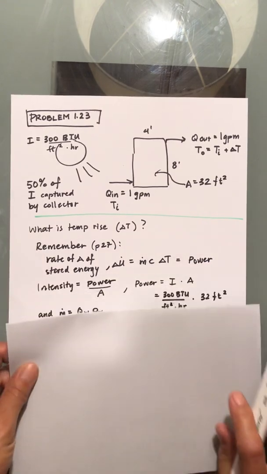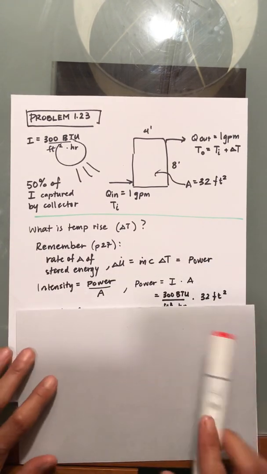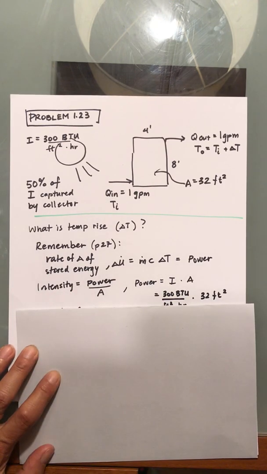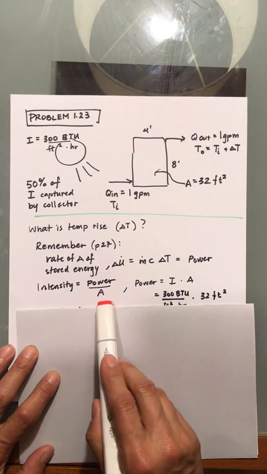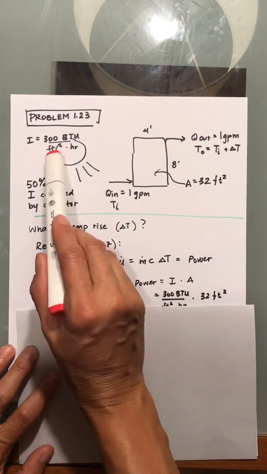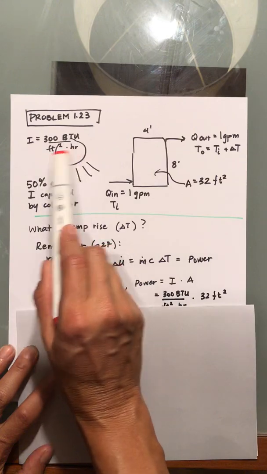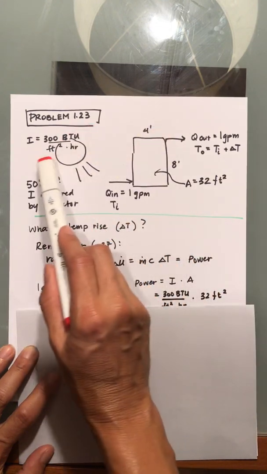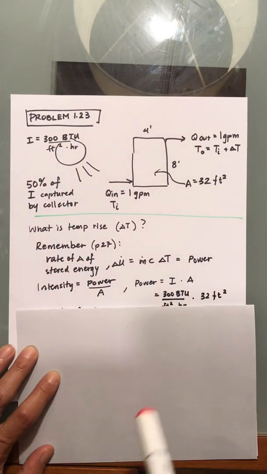And also we are given this term intensity, and intensity is the power divided by the area. All right, and that's why it's in these units of BTU per hour per foot squared. Okay, so it's the power divided by the area.